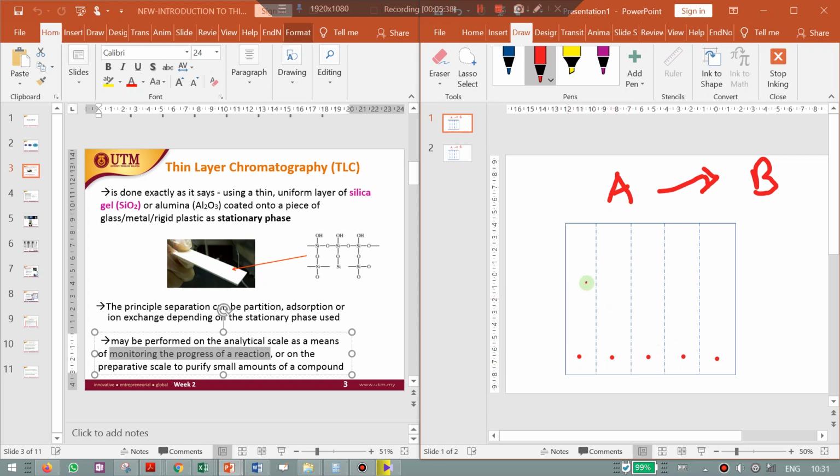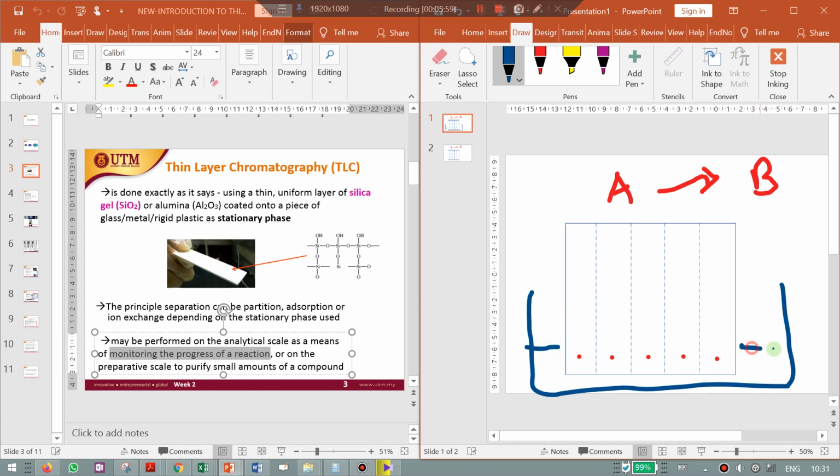Then you put your TLC plate inside a chamber.